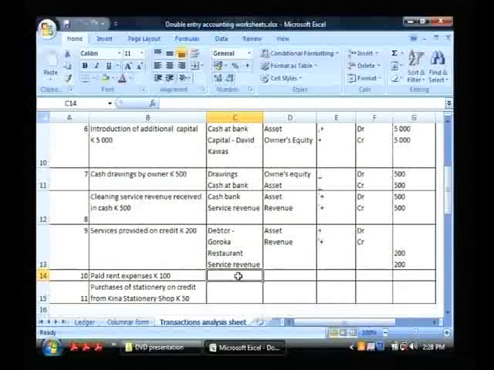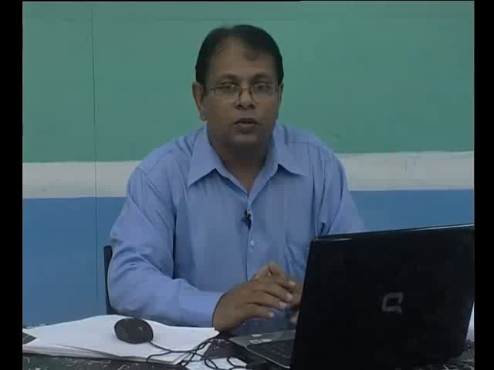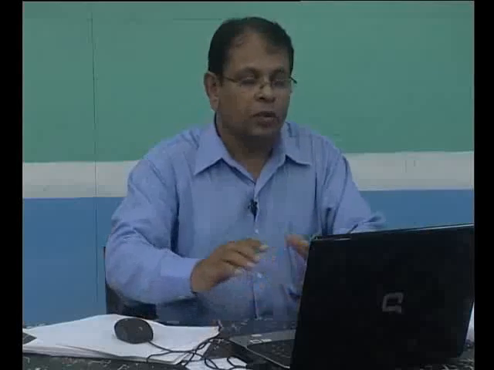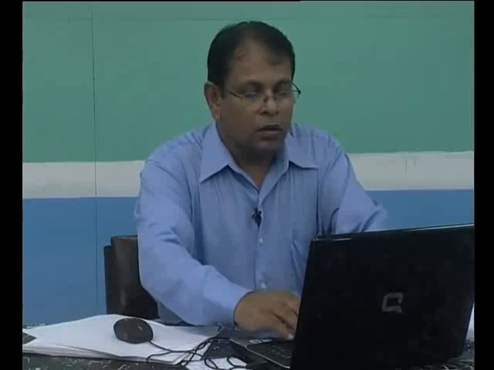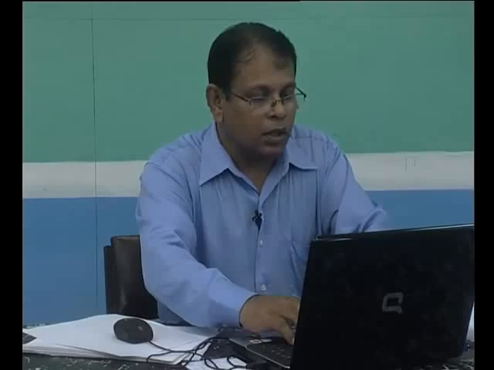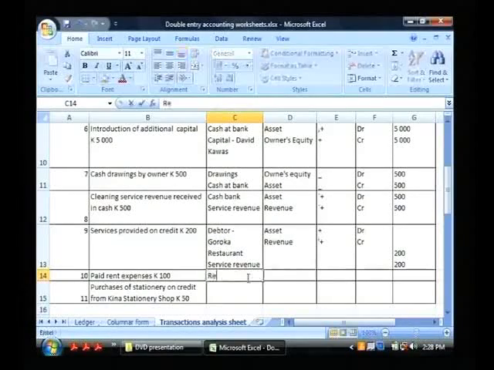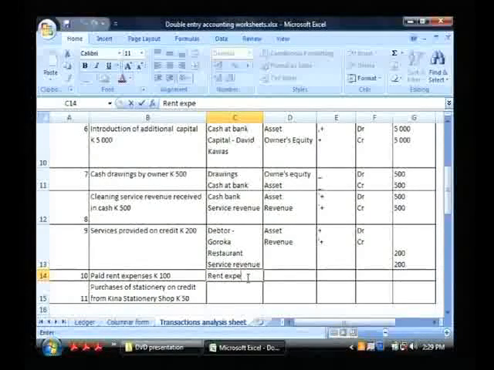On 10th, rent expenses paid in cash. So this is an expense. The accounts involved are rent expense. Each and every expense item we will have to create an account, and it is cash payment, therefore cash at bank.